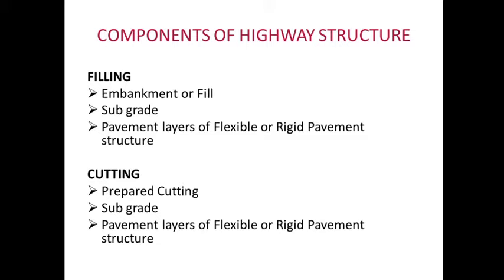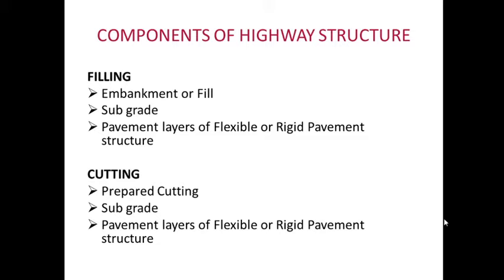In filling or embankment, over the subgrade are the pavement layers, flexible or rigid structures. The pavement layers are subbase, base course and surface course, whereas in cutting, there are prepared cutting, subgrade and pavement layers of flexible or rigid pavement. Highway materials.